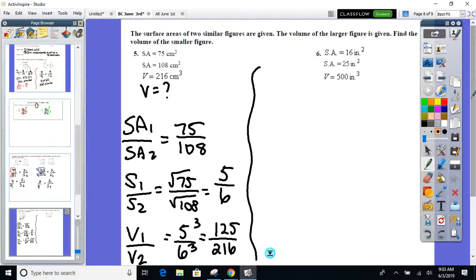Okay, I'll give you a second, whether by yourself or on your own. Go ahead and try number 6 now. Find the volume of the smaller one.